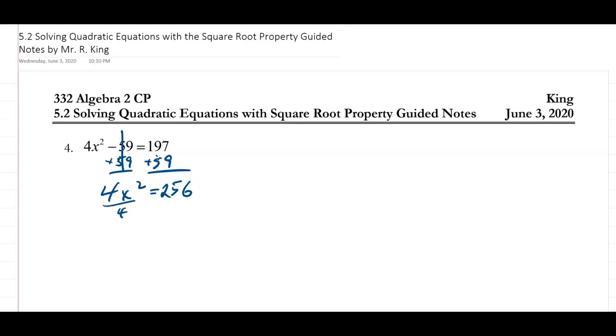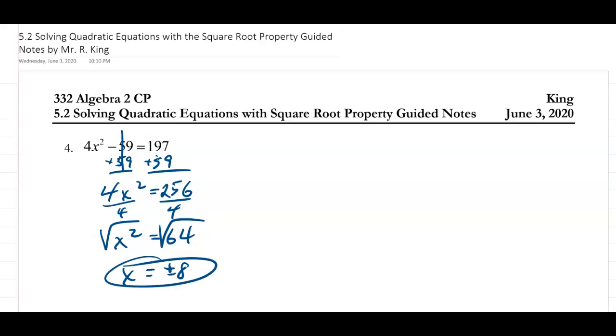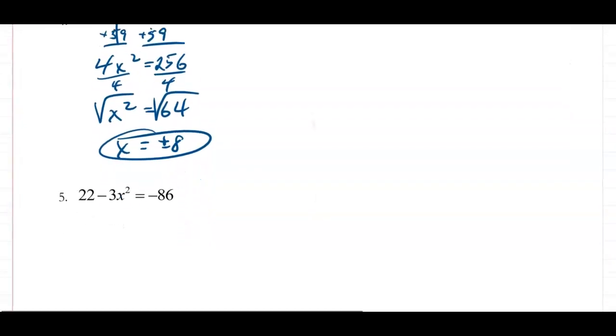And when we divide each side by 4 to isolate x squared, we get that x squared is 64. Now when we take the square root of both sides, we're going to find that x is equal to plus or minus 8, because 8 squared is 64.